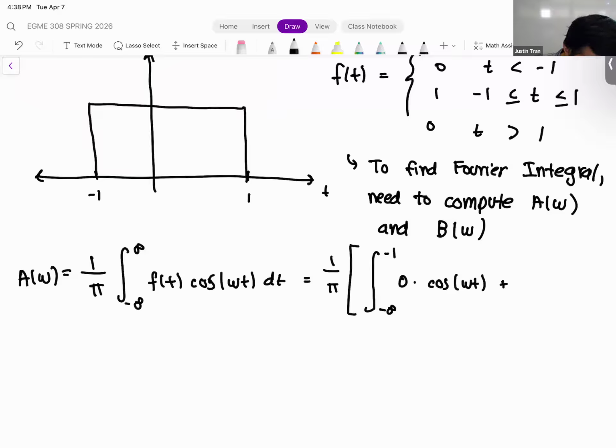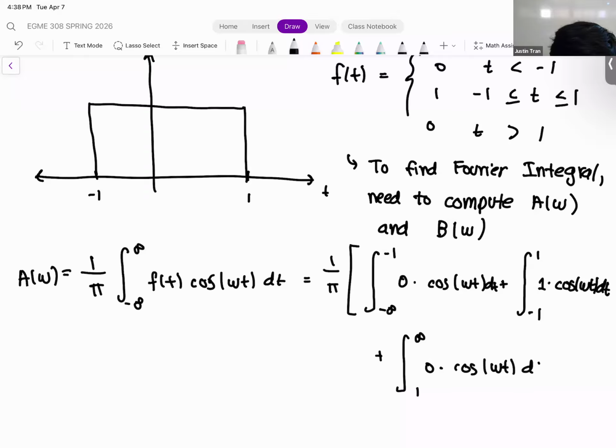Plus the integral from minus 1 to 1, where the value of the function is 1, cosine omega t dt, plus another region from 1 to infinity where the value of the function is 0. So we have the integral from 1 to infinity of 0 times cosine omega t dt.